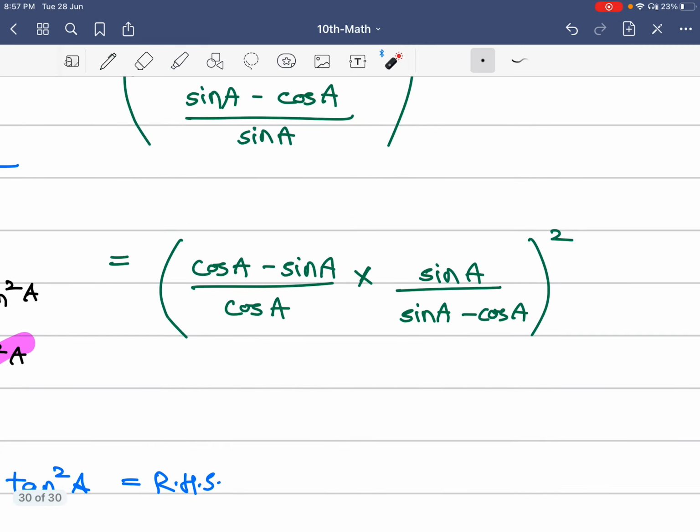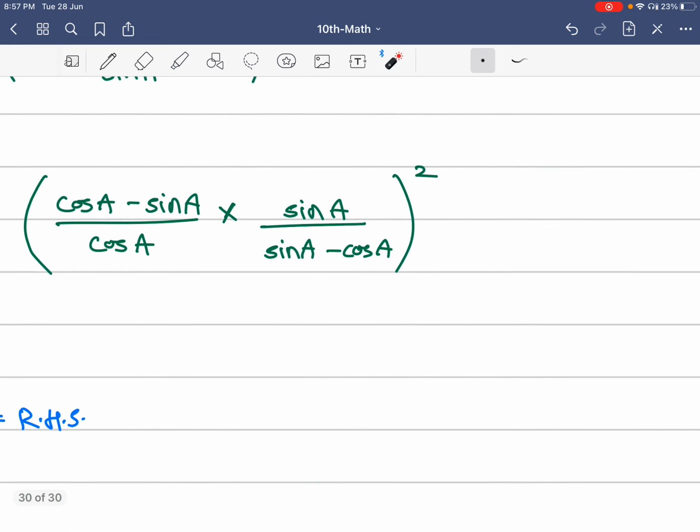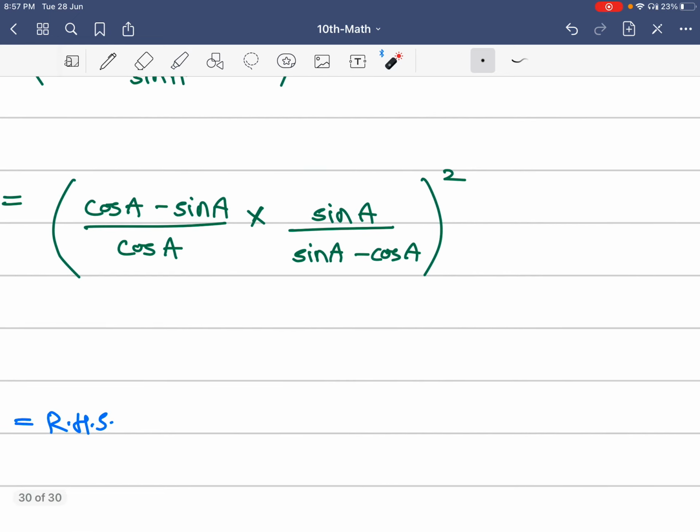Now if you note, this is cos A minus sin A, this is sin A minus cos A. So they are actually the same, but we have to just take a minus 1 outside. So let's do that. This is equal to, I'm going to write here minus 1. And then this term, let me use the highlighter, I'm converting into this term.